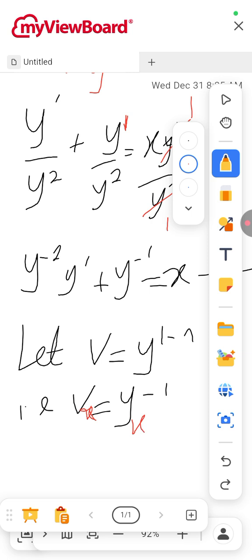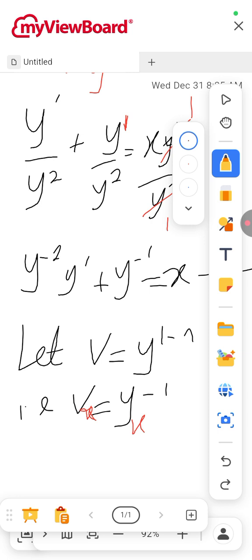So if I want to differentiate v, differentiating v means differentiating a function of a function. Because y itself is a function of x, and there is now a power minus 1 on that function y. So that is a function of a function. So to differentiate v, you are going to use the chain rule, or function of a function.